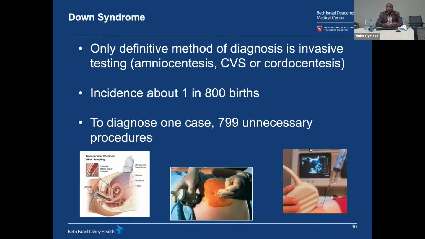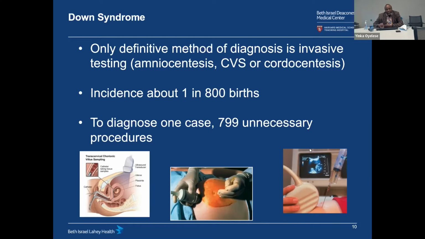But we do need to realize that Down syndrome occurs in approximately 1 in 800 births, which means that to pick up one case, you would do 799 unnecessary procedures. It is expensive, it is invasive, and not everybody wants the information. Therefore, it was not possible to do amniocentesis on everybody to pick up one case and do 799 unnecessary procedures.